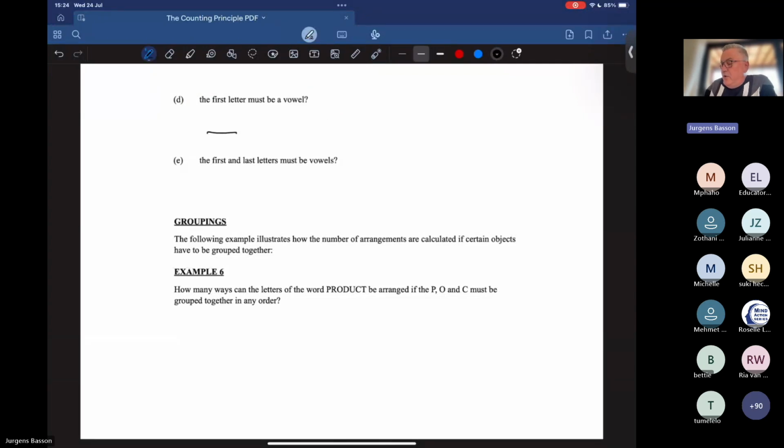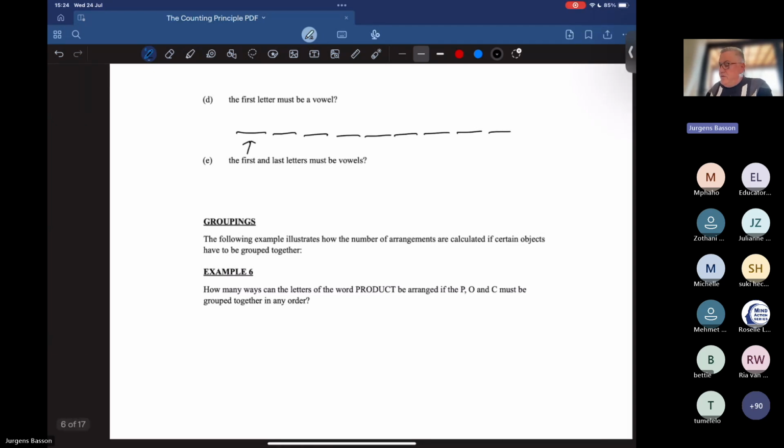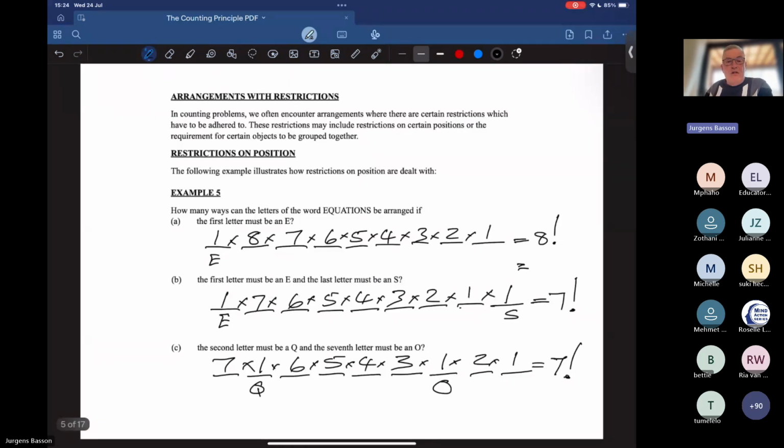So if I draw my 9 lines, they say the first letter must be a vowel. Now, you all know that we have 5 vowels in the alphabet. Now, we can't just put 5 straight away because we need to check how many vowels in this word.